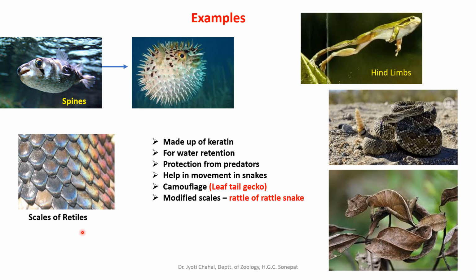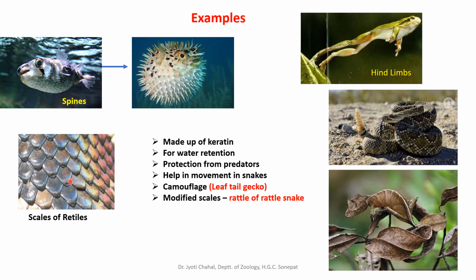Now next are scales of reptiles. Here you are seeing in this picture the scales of snakes. They have different kinds of functions. That is an important morphological feature which has a very important functional aspect also. These are made of keratin. These are used for water retention because they make the skin impermeable, because these organisms have to conserve water as they are terrestrial. They also protect organisms from predators because it is not easy for predators to eat this organism with these scales on.